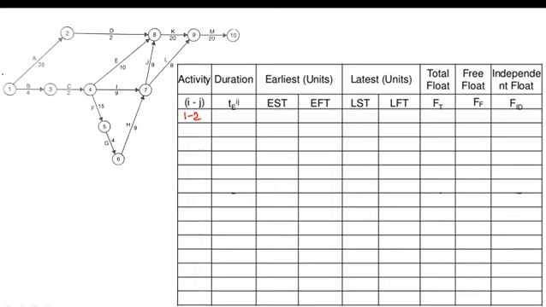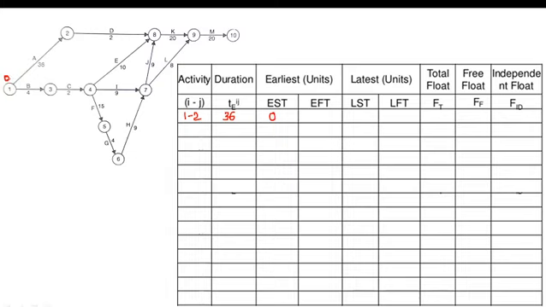Look over here, activity 1 to 2 is here. The project always starts at time 0. The starting time of the project we consider as 0. Its duration is 36, so here we will write duration 36. Earliest start time is 0, because the project starts at the 0th day.